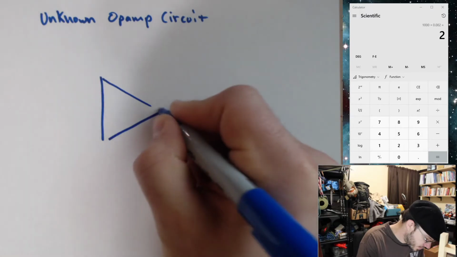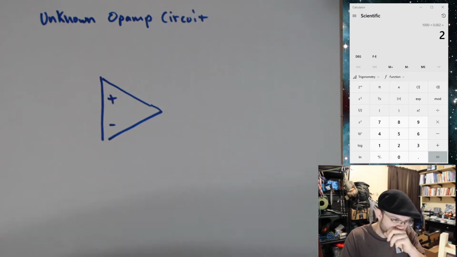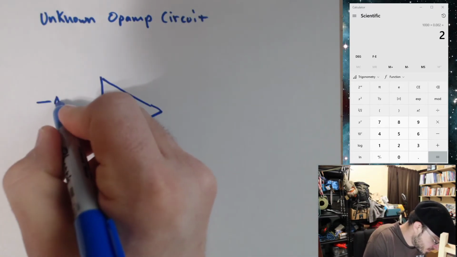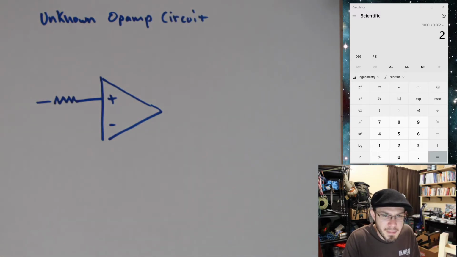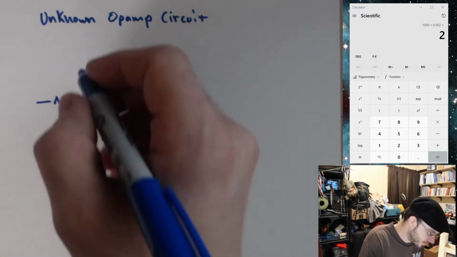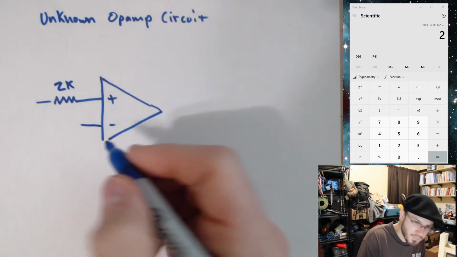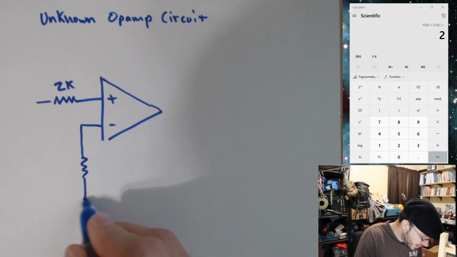Let's do this. I'm going to have non-inverting, inverting. This is a problem I gave on an exam. Let's make these all one. Sure, let's make them all 2K. Over here, what am I going to have? Let's do this.